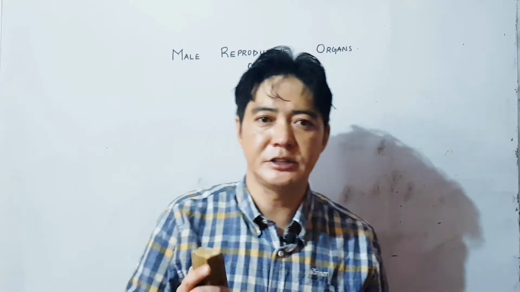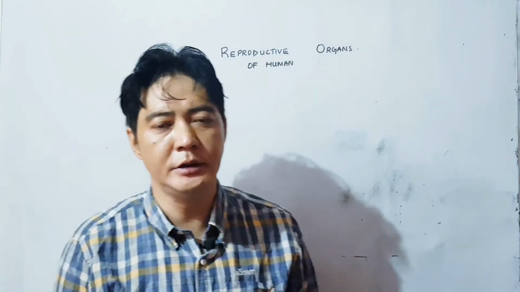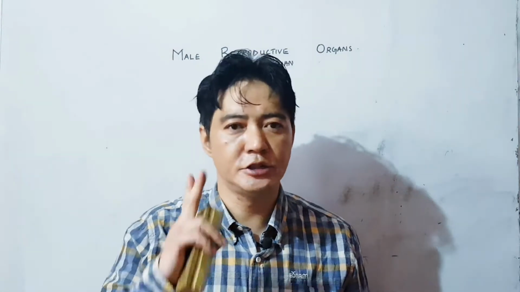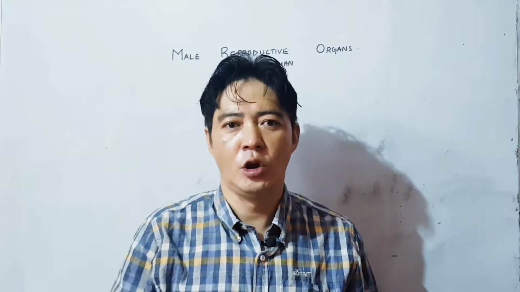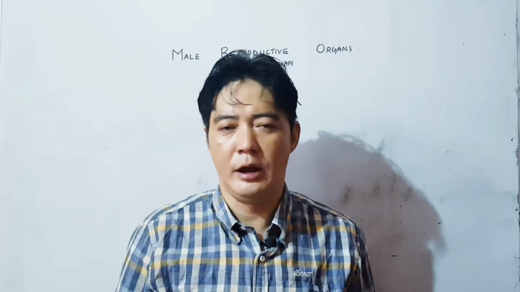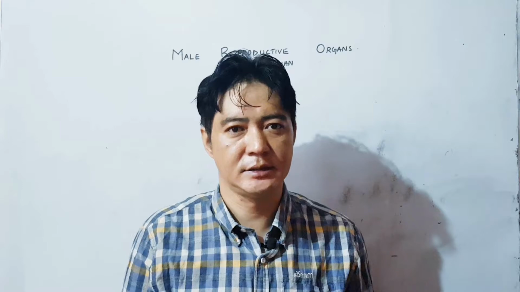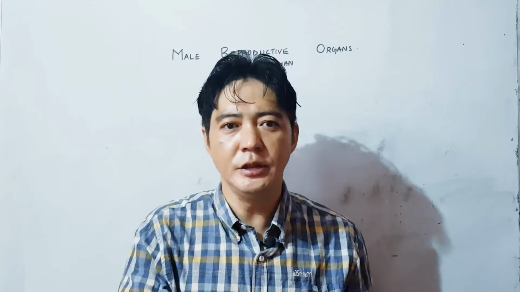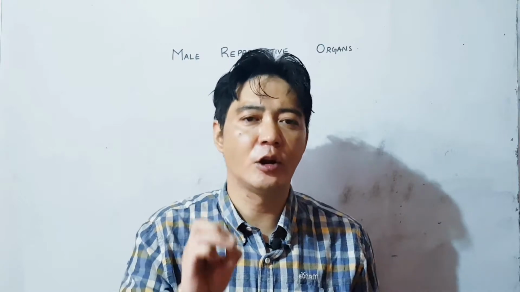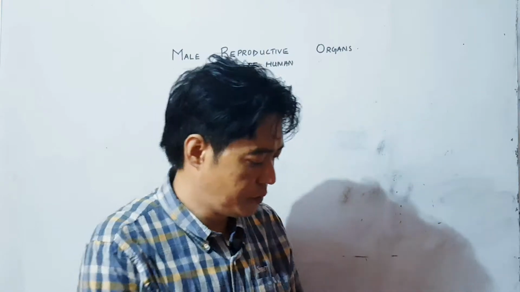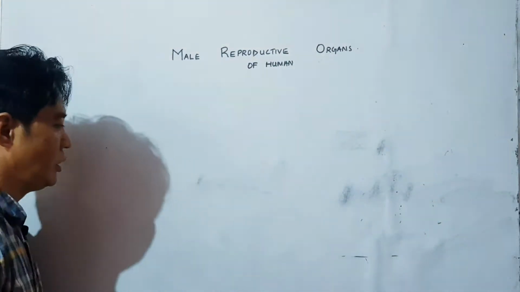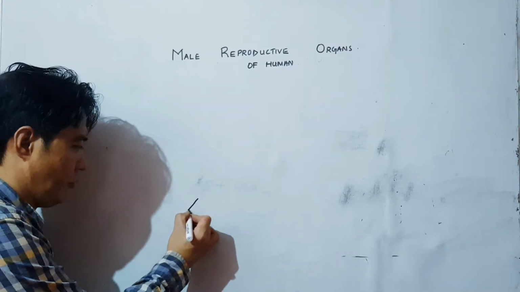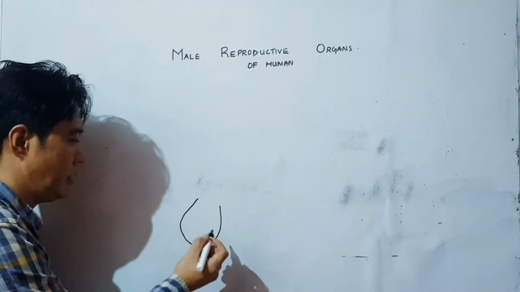So the primary sex organ of human, that is testis, is a paired organ, means each human contains two testes. Number one, oval shape and slightly flattened, found within the scrotum, suspended with the help of spermatic cord. With the help of a diagram, it will be easier for you all to understand it clearly.